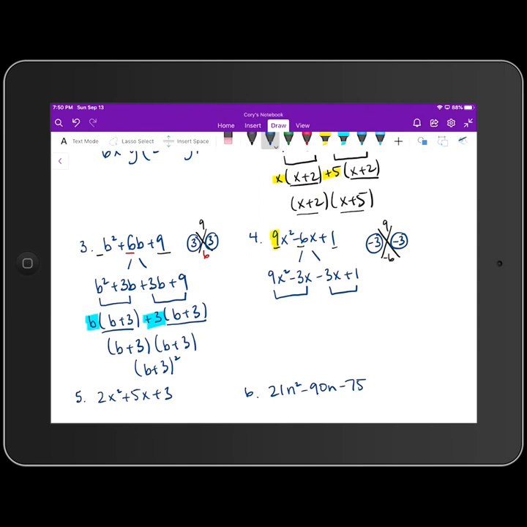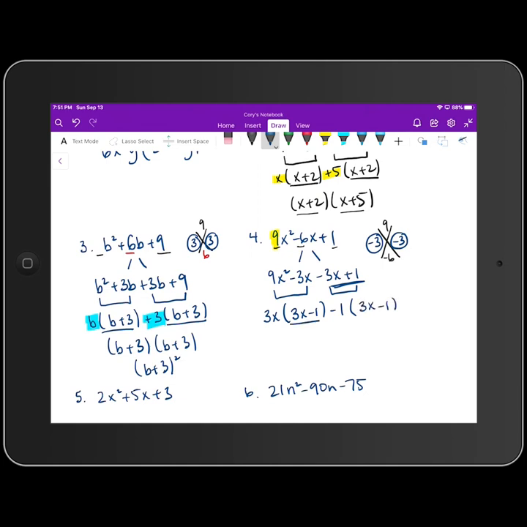When I look at the first two terms, the greatest common factor of those first two terms is going to be 3x. And when I factor that out, that leaves me with 3x minus 1. And I have to be able to factor something out of the last two terms here, which makes the quantity in parentheses exactly the same. So if I factor a negative 1 out from the last two terms, that's going to leave me with 3x minus 1.